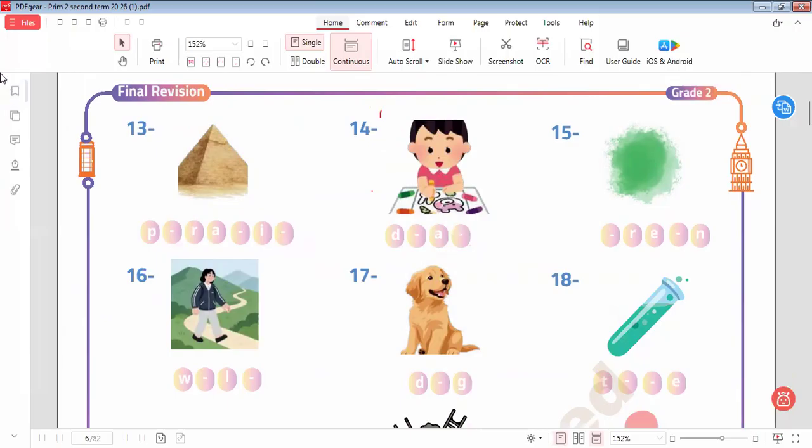Also here we have pyramid. We have draw. Have here green. Here we have dog. Here we have walk.